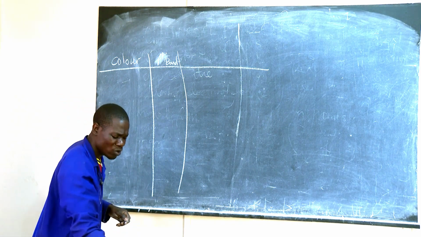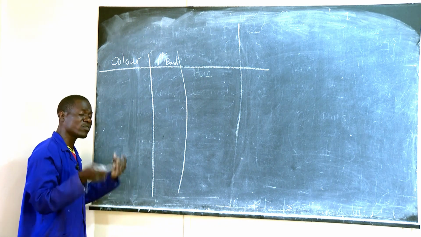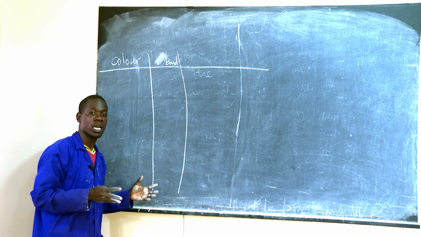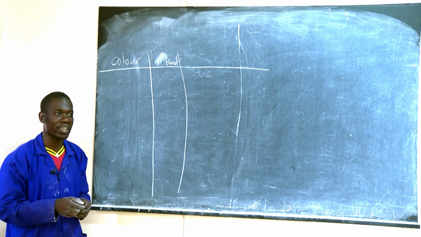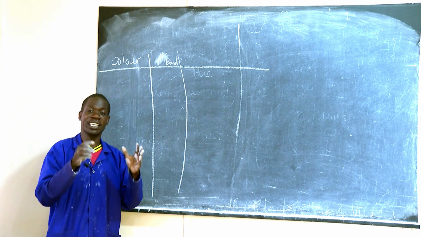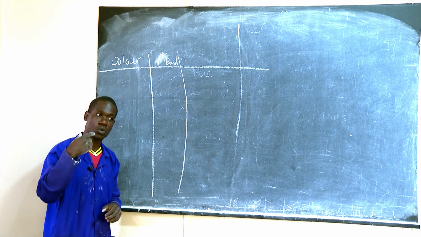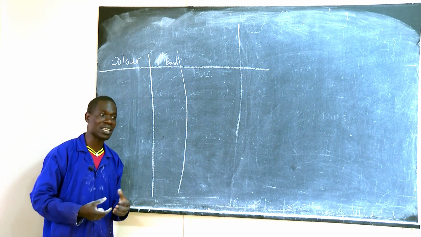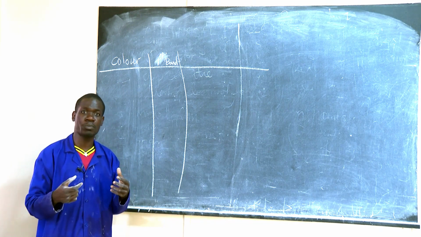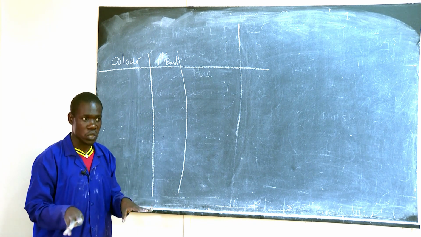How can I know that this brown is number 1? So you have to cram this in your head, or you have to understand it, because if we are to join the electronic department, you need to understand that these colors are very important, because you can't read these resistors without knowing how to use these colors. And mostly nowadays, most of the resistors people use are the ones which have colors. So you need to know this very well.